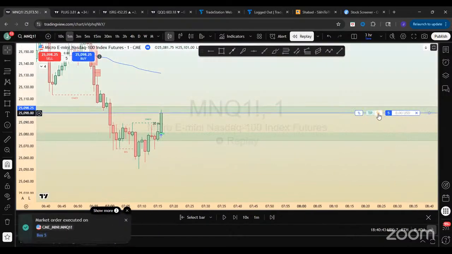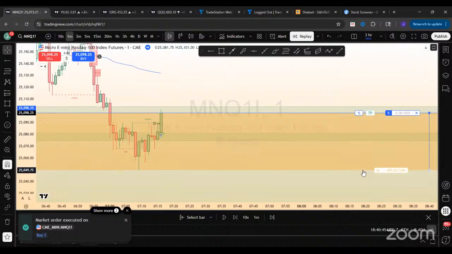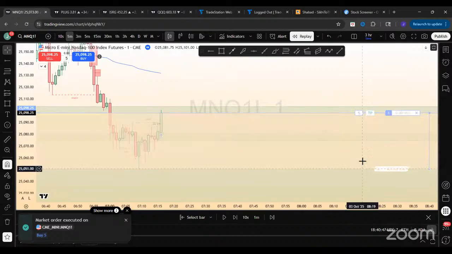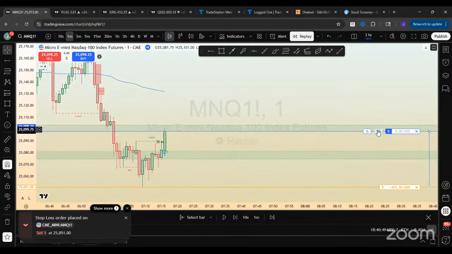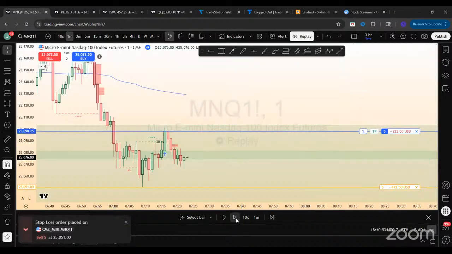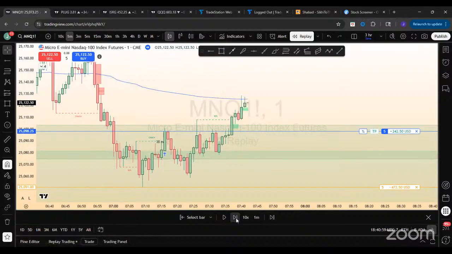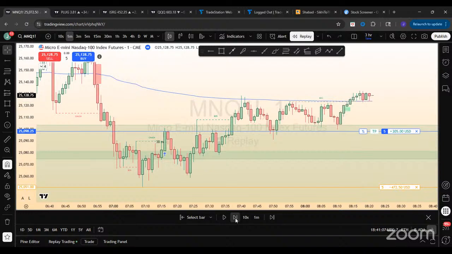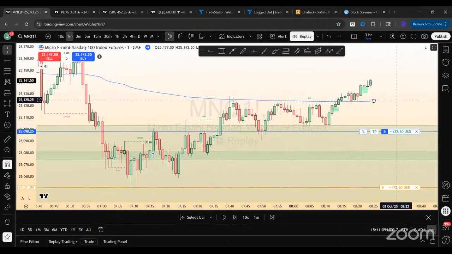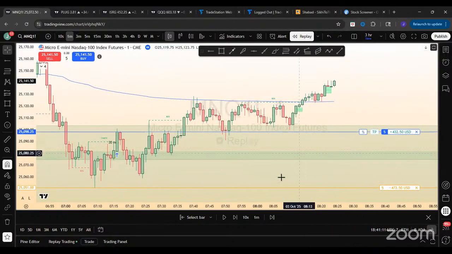With five contracts, my stop loss would have been at the low of this, and then I would have held it, and that would have given you 1 to 1 at least.